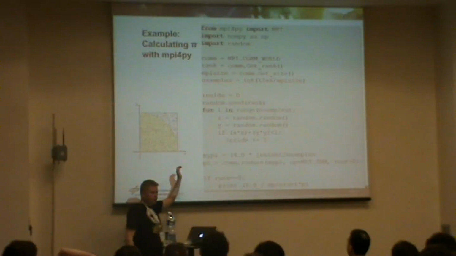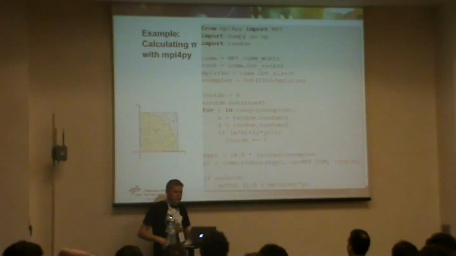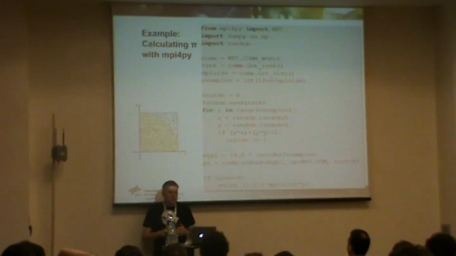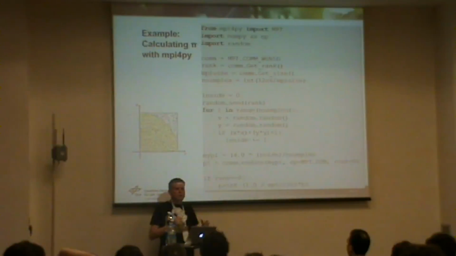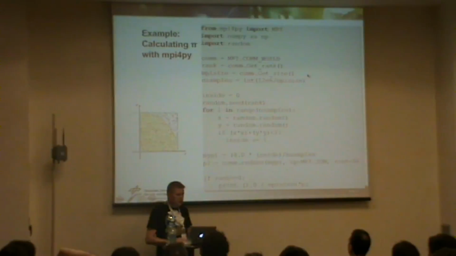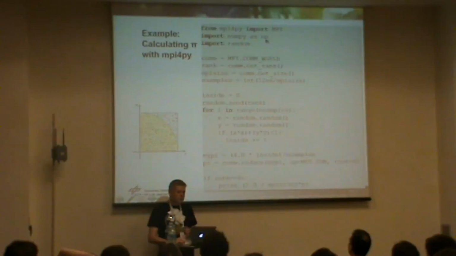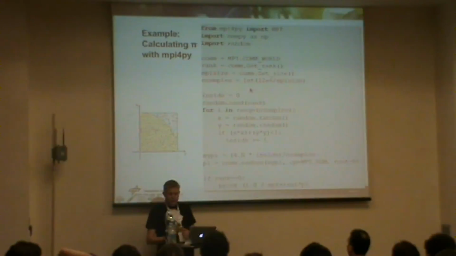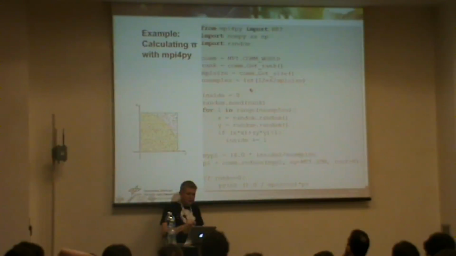Dots on the quarter of the circle, and then you count the number of dots which are inside the circle, multiply this by 4, and then you get an approximation for pi. If you want to do this in parallel, it's really easy: just import the modules that you need, set up the API, get the rank, the node number of your node, and start this program.